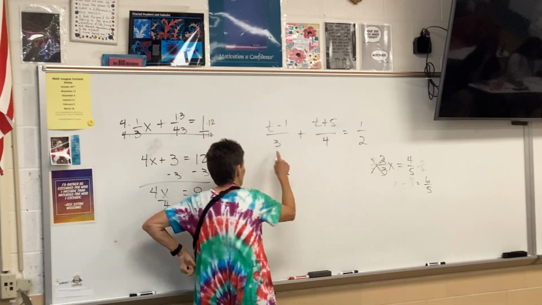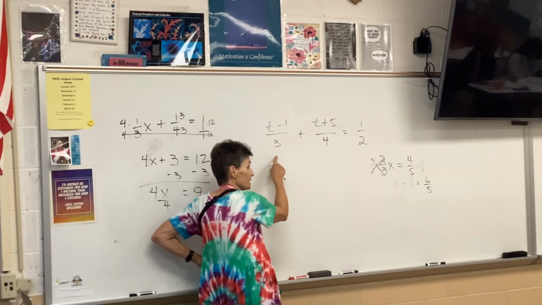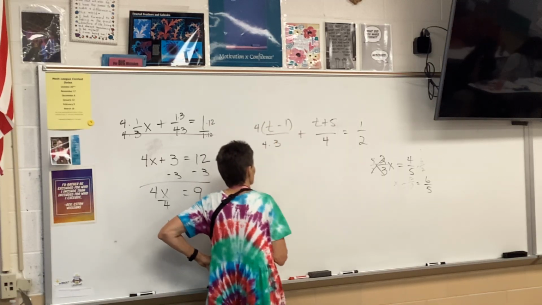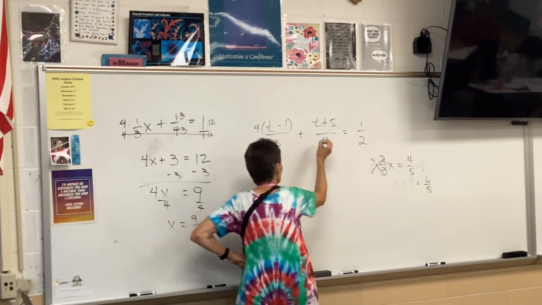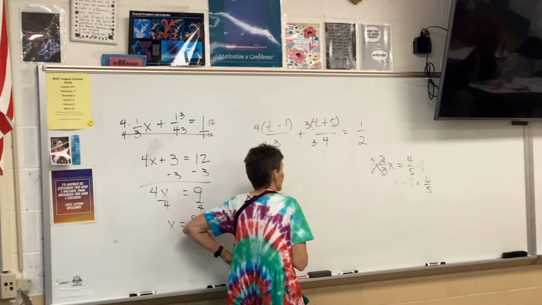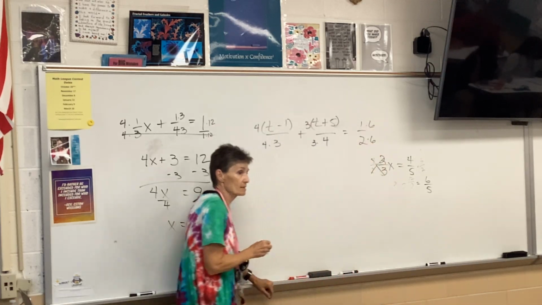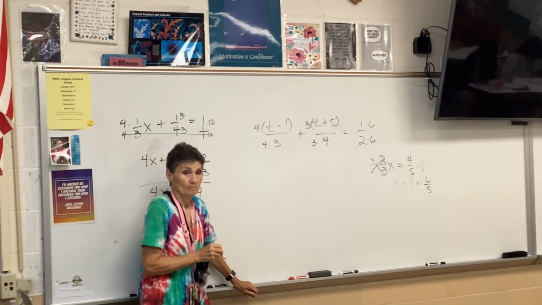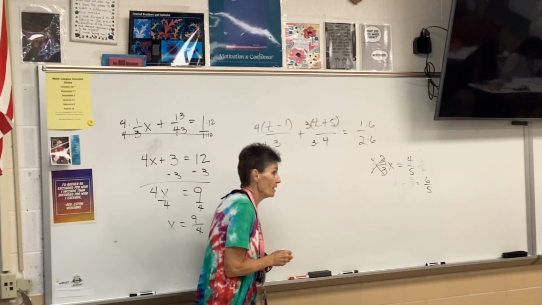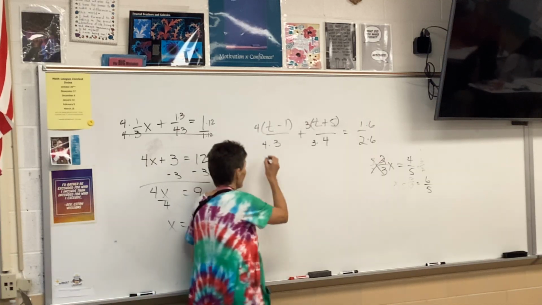So, the first fraction, this is letter G, the first fraction needs a 4. The second fraction needs a 3. And the last fraction needs a 6. Would you agree that every denominator is now the same? Okay, so they're gone.